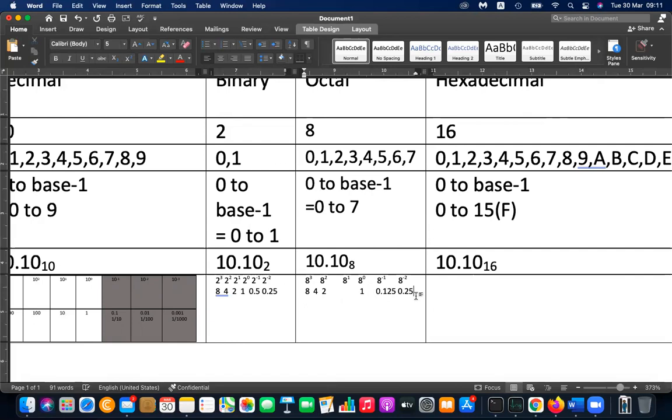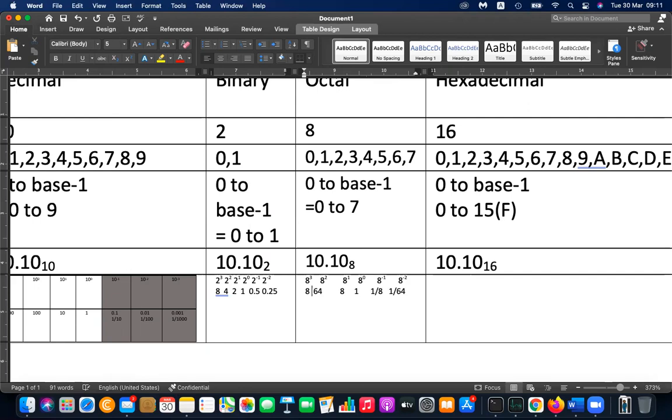I'm just going to write the fraction and not the decimal value, otherwise it will be lengthier. So this is 1 divided by 64 and this is 1 divided by 8. 8 to the power 1 is 8, the same number. 8 to the power 2 is 8 by 8, which is 64.